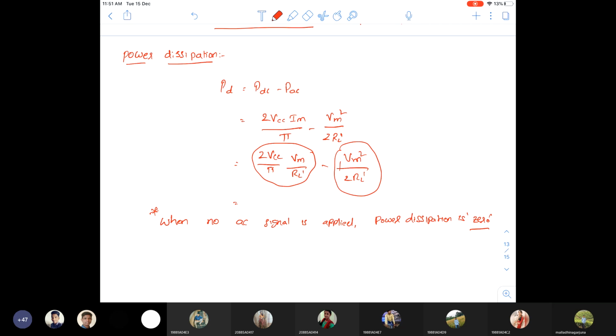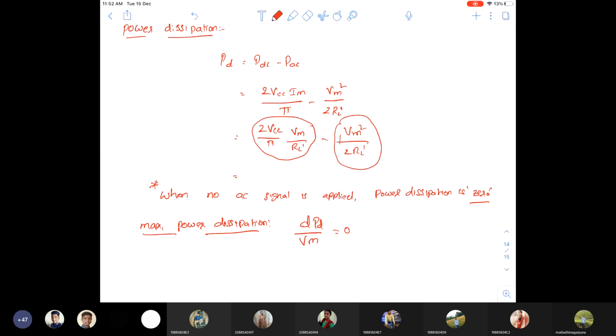Okay, now how to calculate maximum power dissipation? Now this is not maximum power dissipation. The maximum power dissipation can be calculated by differentiating power dissipation with respect to Vm and equating to 0.